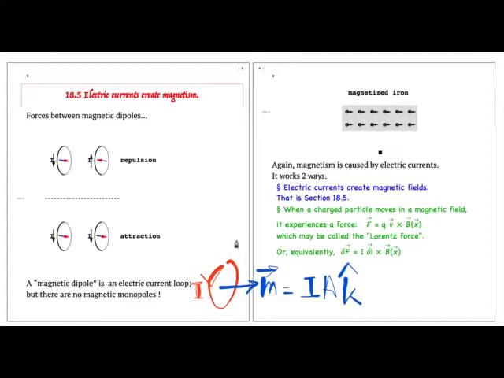So this is a planar loop. Let's say this is the z direction. So this is a planar loop in the xy plane. It has a dipole moment M equals I A k hat.